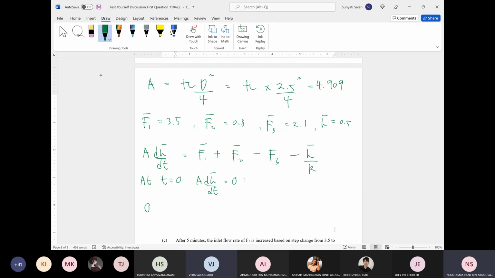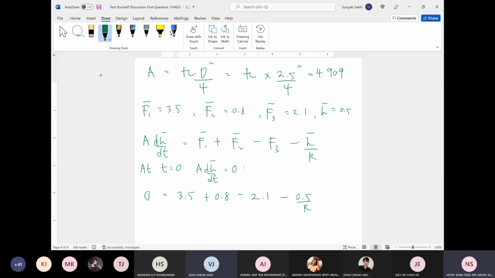So you have 0 equal to 3.5 plus 0.8 minus 2.1 minus 0.5 over R. So you have one equation, one unknown. Based on the degree of freedom, of course, you can solve it. So what is the value of R?